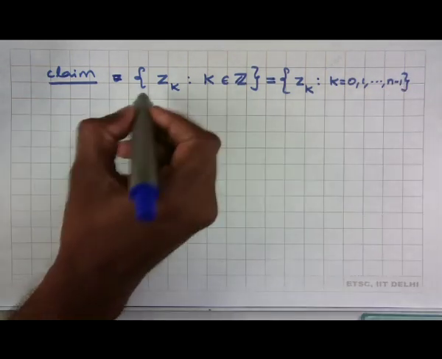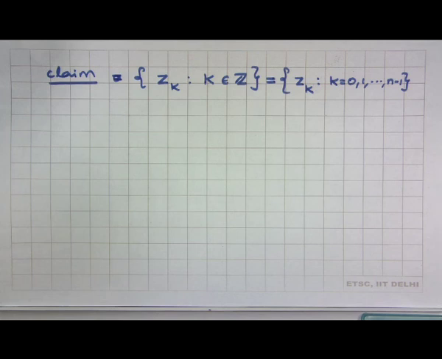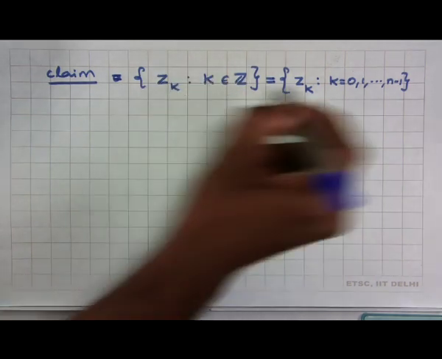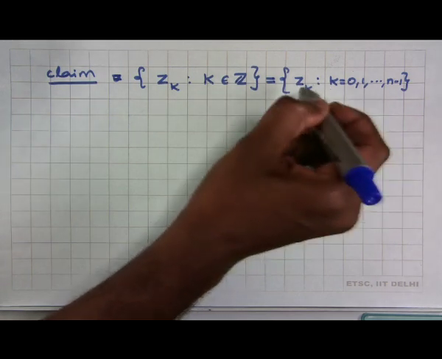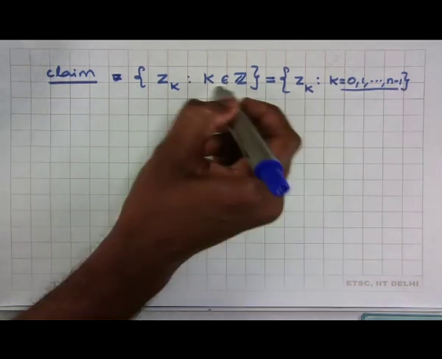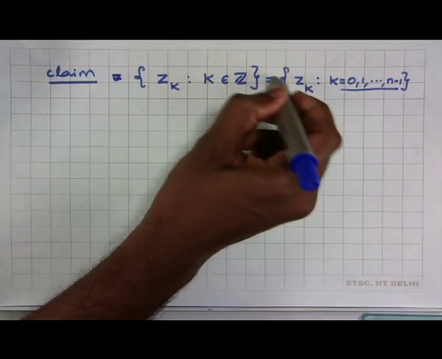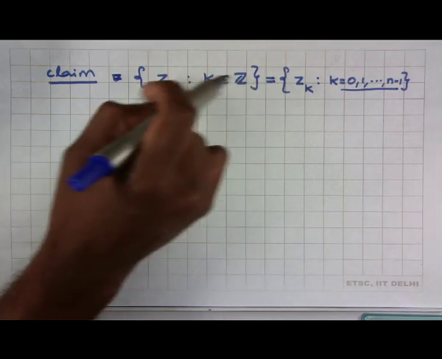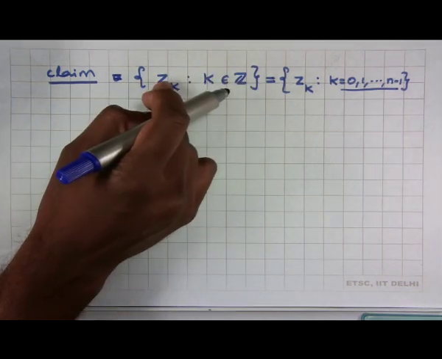So to prove this, what we need to show is that this set is contained in the finite set, because it is obvious that the finite set of numbers is a subset of it. We need to show that any element here is of this form.